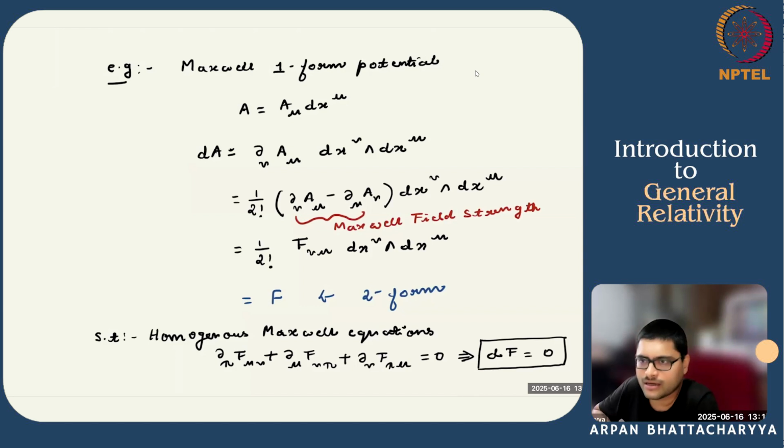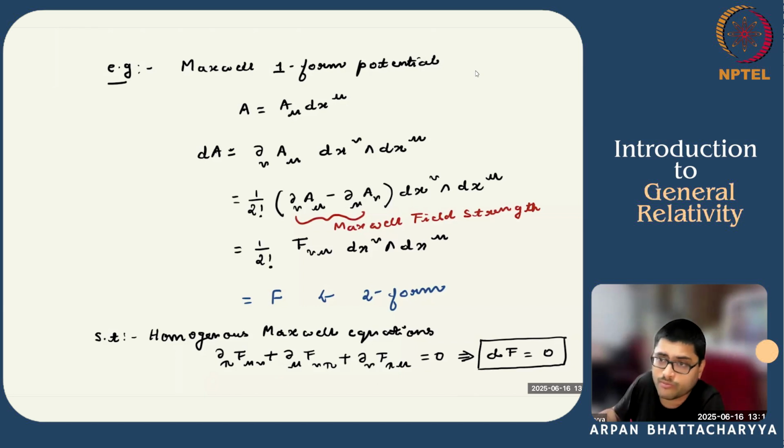In fact, you can show that the two homogeneous Maxwell equations, which do not involve any source, that is del dot B equal to 0 and curl of E equal to minus del B del t, come from this equation.